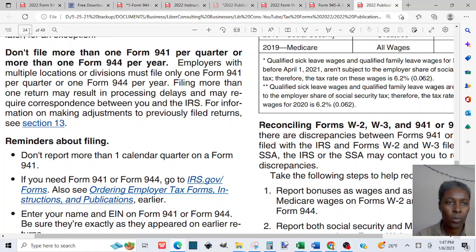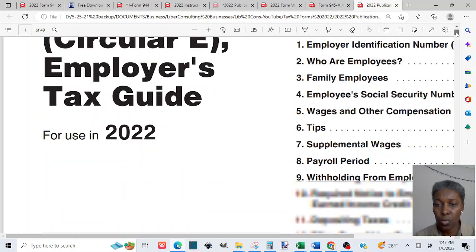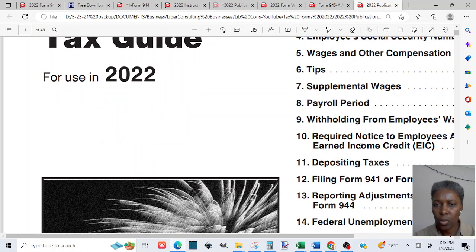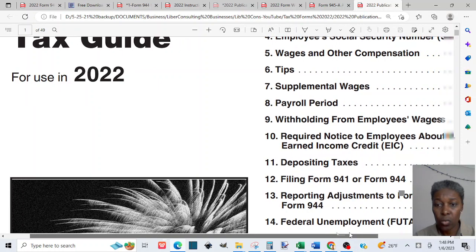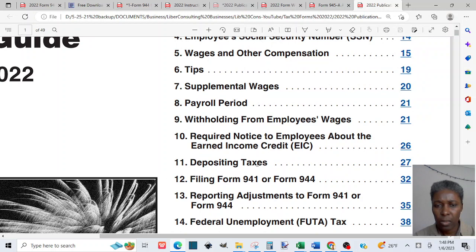Let me just go to page 1 here, and you pay tax, you file employment tax returns. So I'm going to, this is section 8, depositing taxes, withholding.